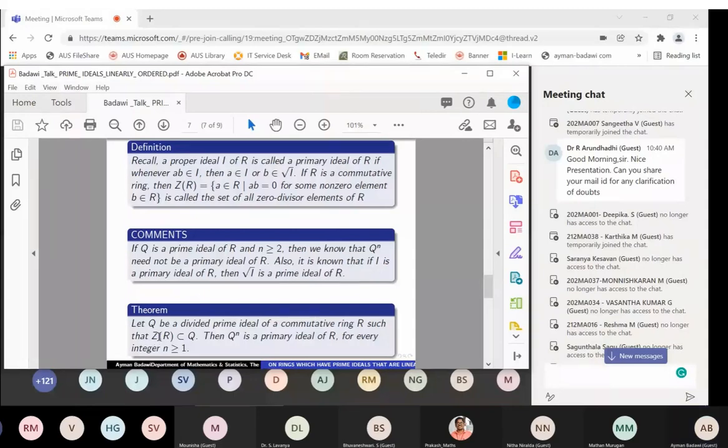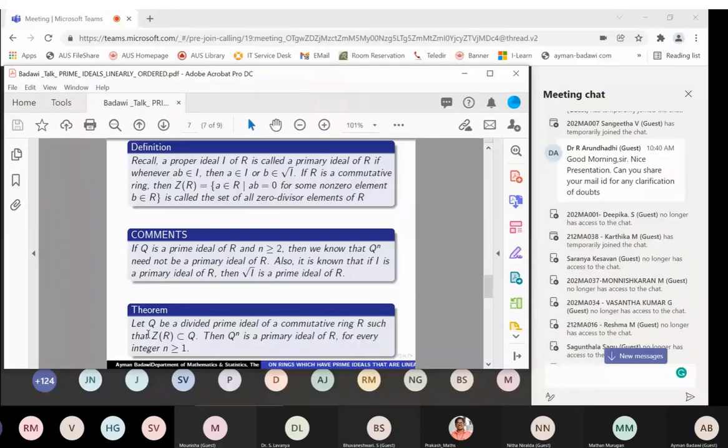Most of you know it, just in case. If the zero divisor elements of R are a subset of Q, then Q to the n is primary for every integer n. So here I need to add two conditions: divided, and this condition, the zero divisor elements of R in Q.